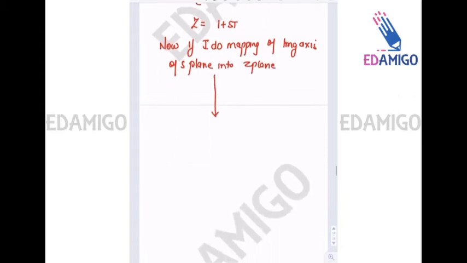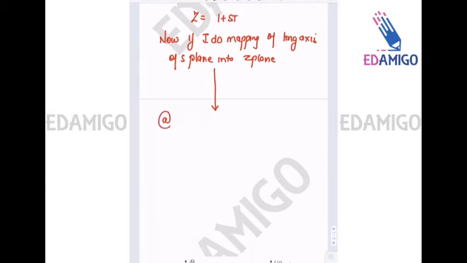At the imaginary axis we have s equals sigma plus j omega, and sigma is equal to 0.